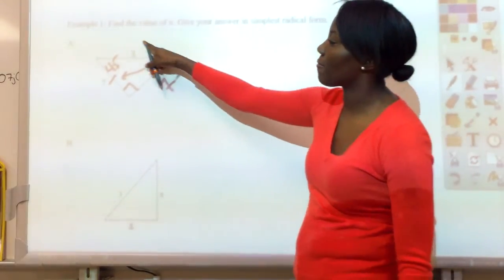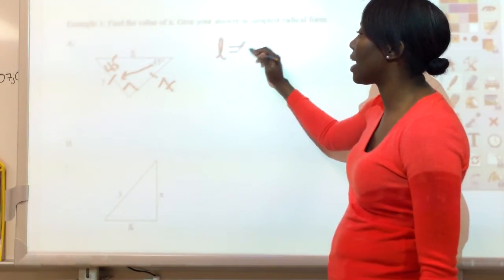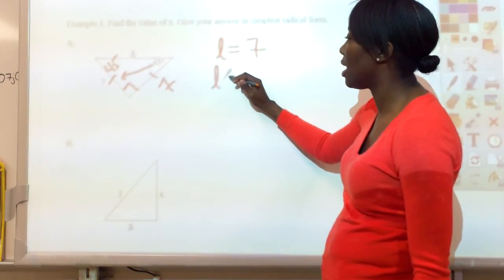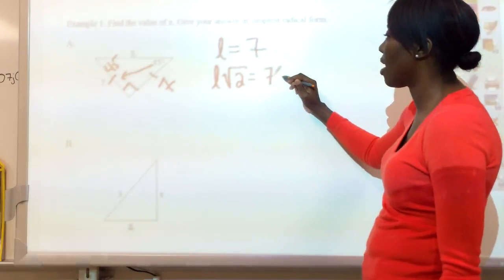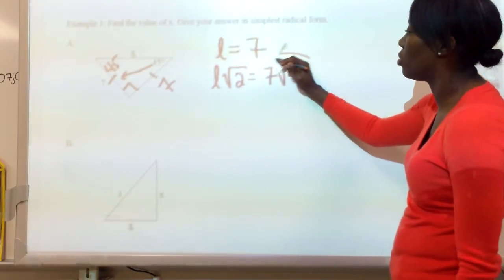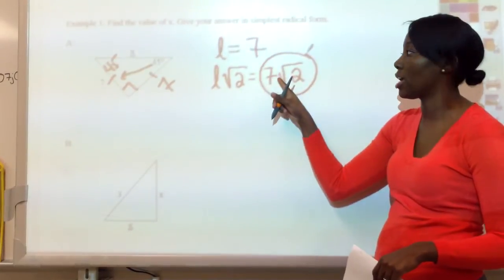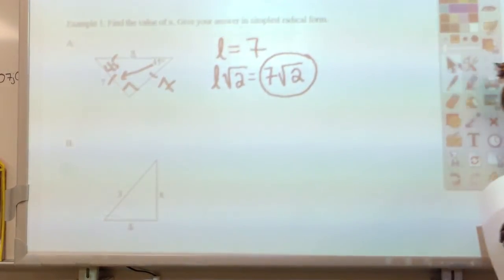But the question is asking for x, which is the hypotenuse. Since we know the leg is equal to 7, the hypotenuse is the leg times the square root of 2. So our answer would be 7 square root of 2. Whatever that leg is, you take it times the square root of 2. Got it?